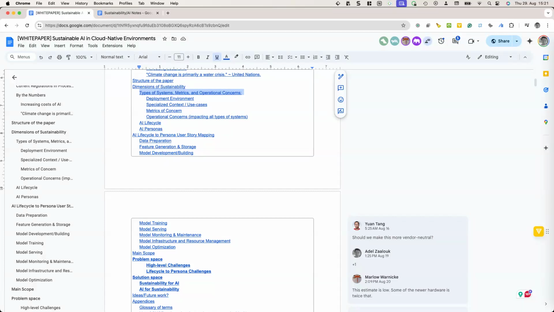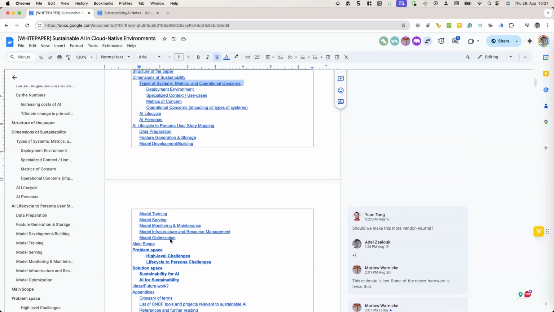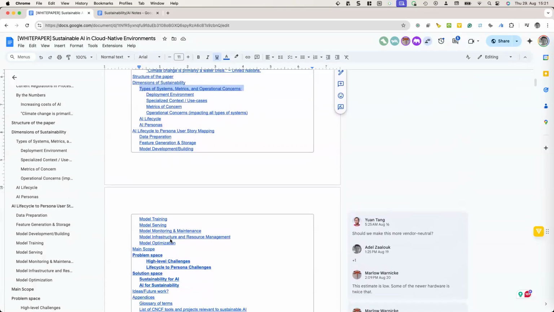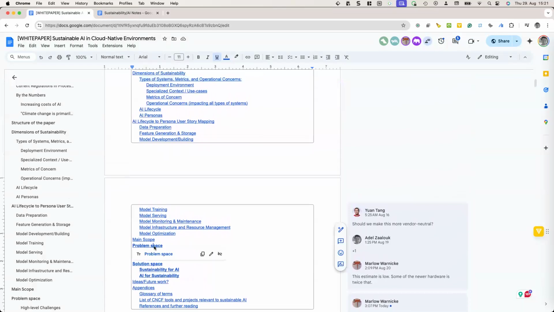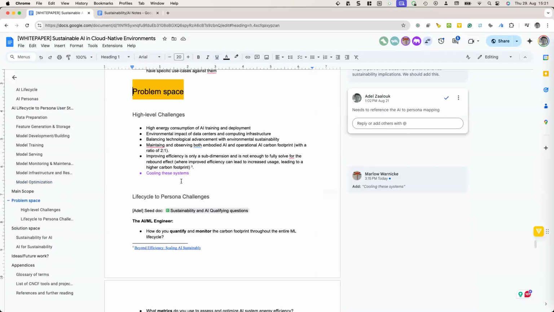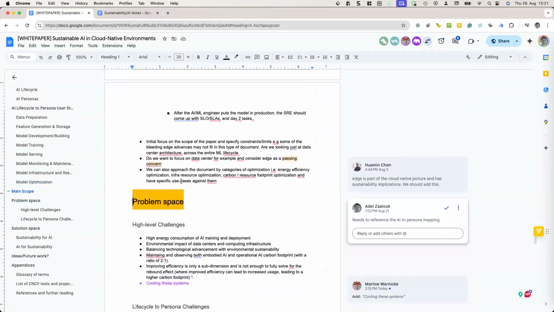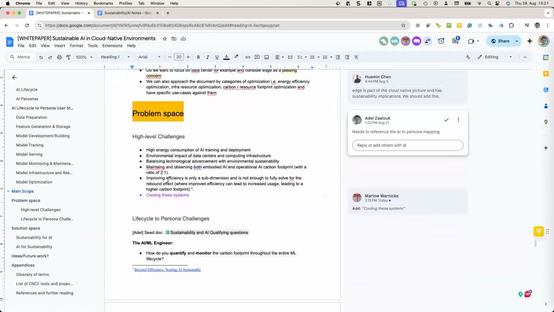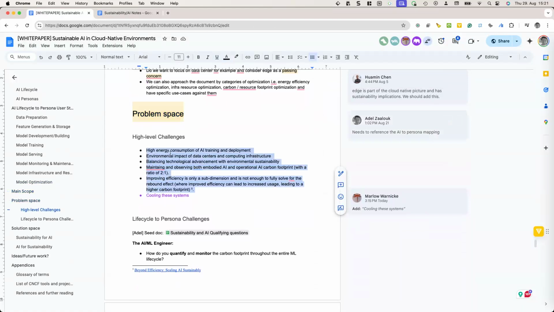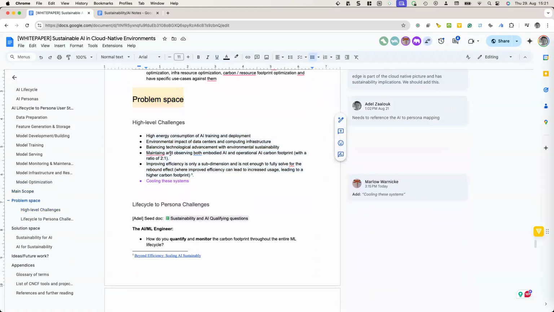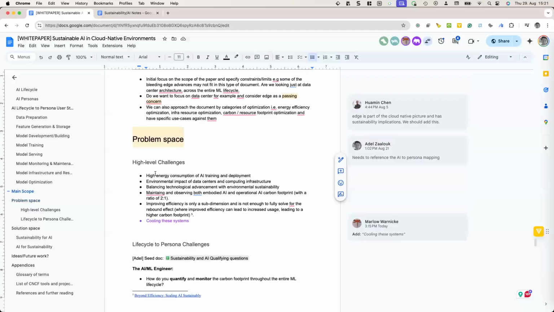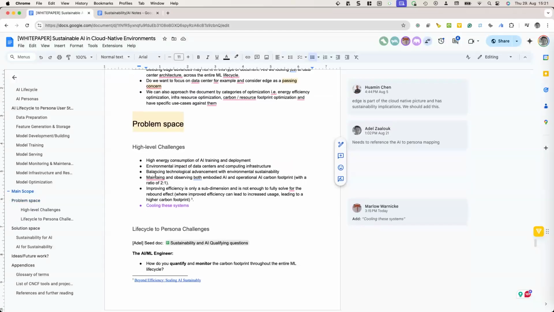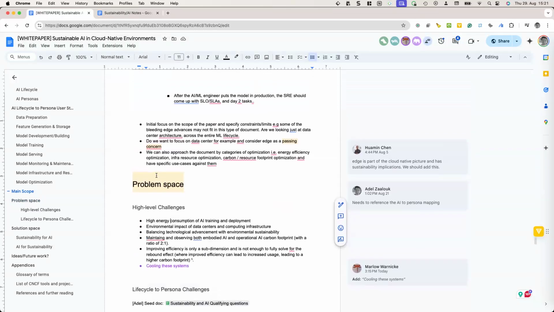Okay. So it sounds like folks agree on the current structure of this paper. Some of the challenges, let's see. We have very high level stuff here. I think we'll have to go deeper or brainstorm.